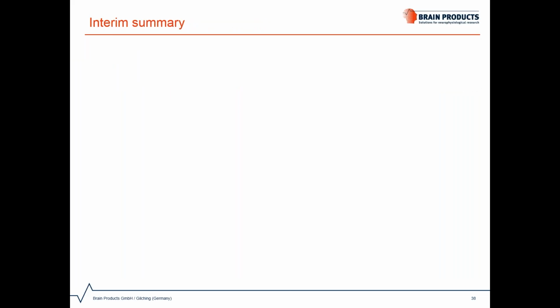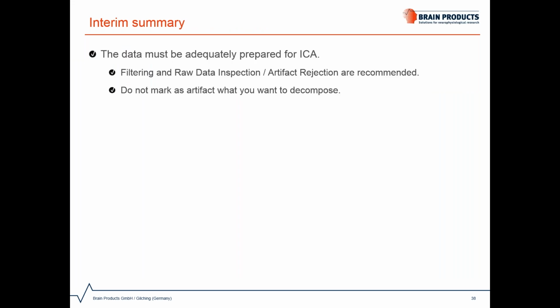And actually, let me first give you a brief summary of this part so far. In this first practical part, we learned that unprocessed EEG data might not be ideal for ICAs, so filtering and artifact detection are recommended. But be careful, do not mark the artifacts that you want to decompose.